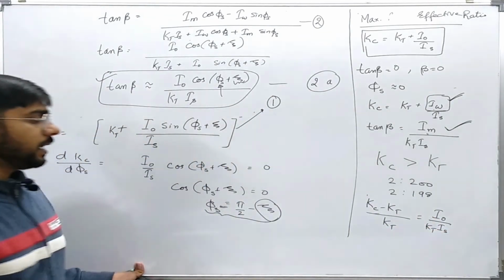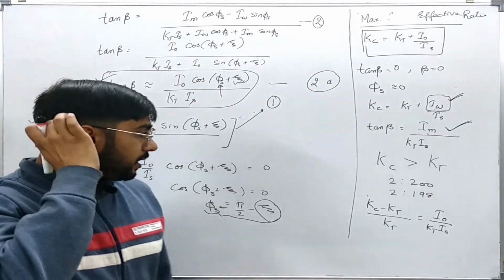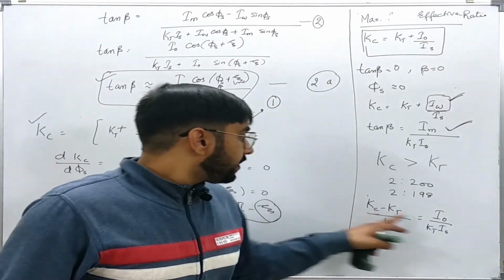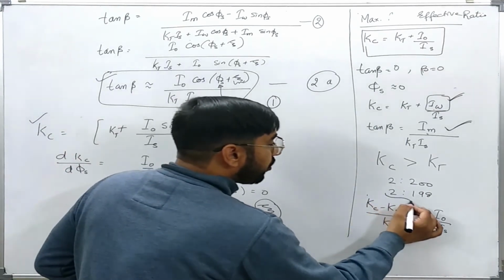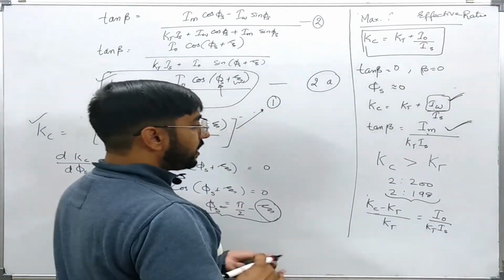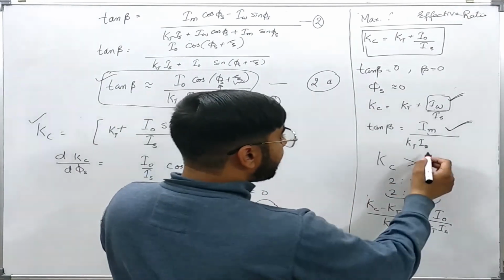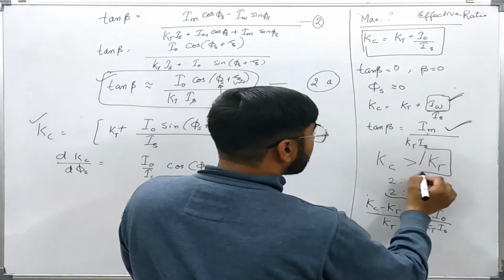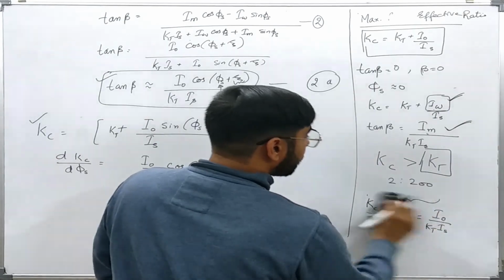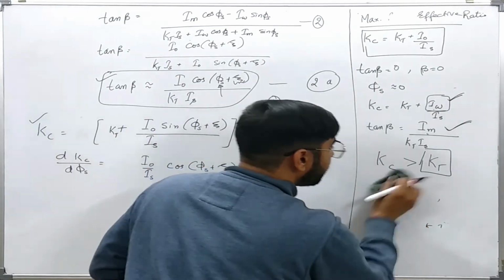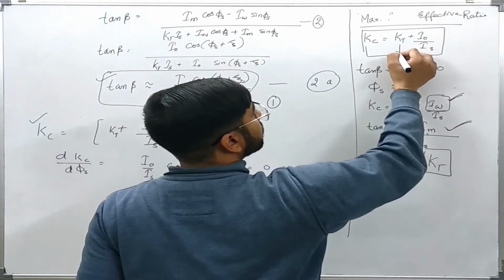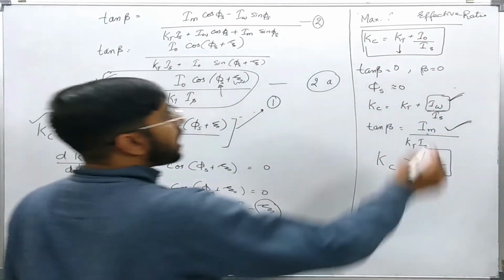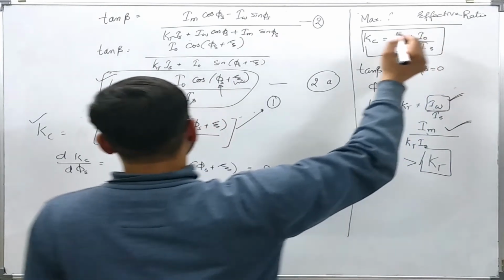Now what will happen? If I reduce the number of turns, this Kt will be reduced. Now this is I naught over Is.